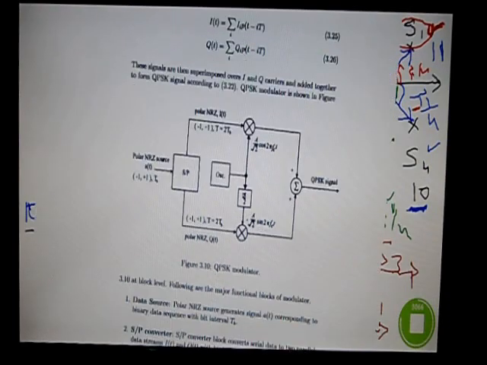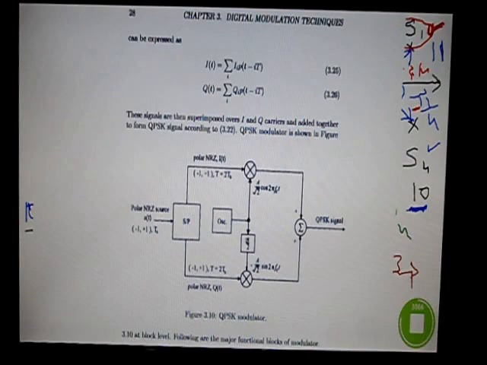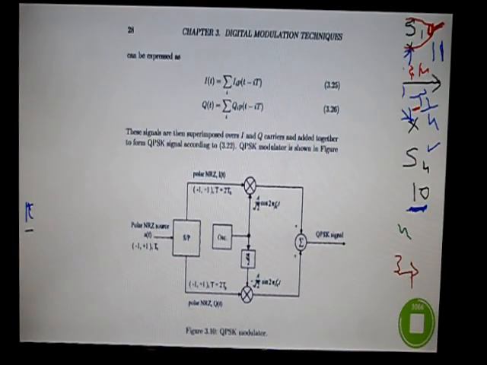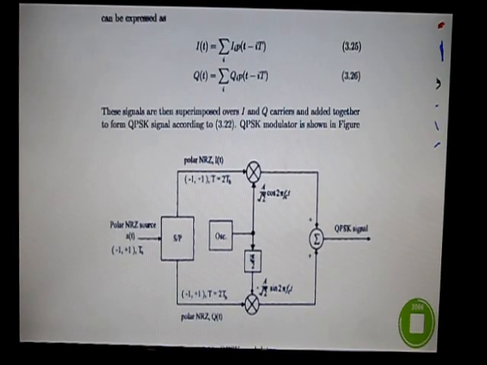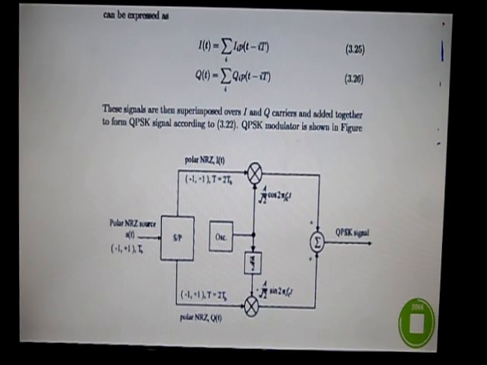Now if you observe the signals I of t and Q of t, the expression for I of t and Q of t is given in this form, which can be observed in equation 3.25. So the expression for I of t is given in 3.25.